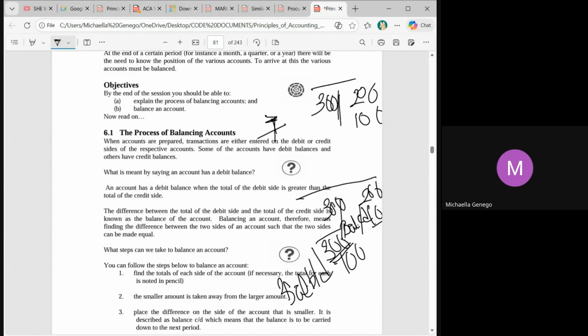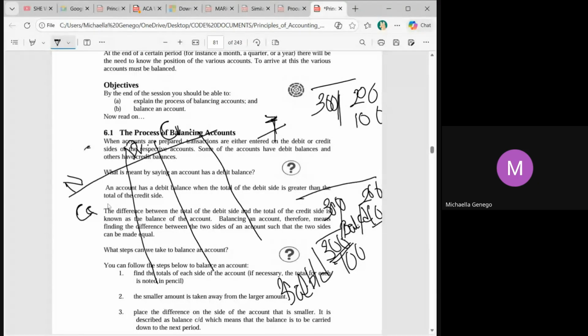So the trial balance also has debit and credit entries. Just that we don't do a T account. We do it this way. This side will be our debit, this side will be our credit, and this one is the notation. So for instance, cash account.